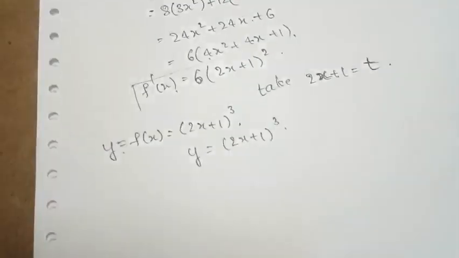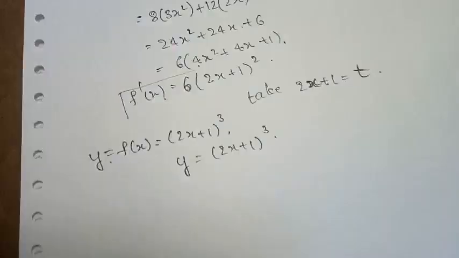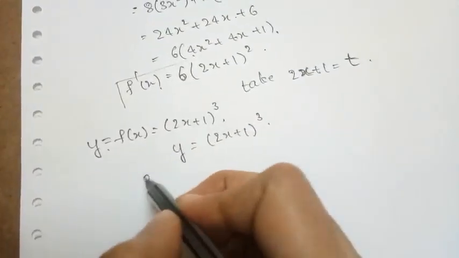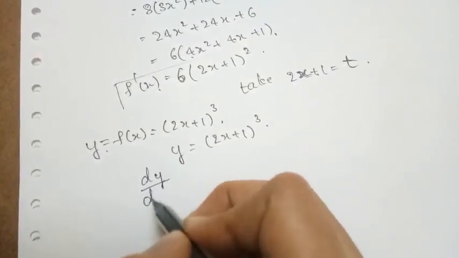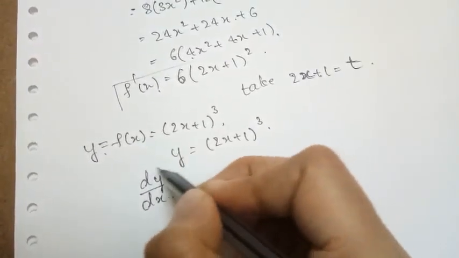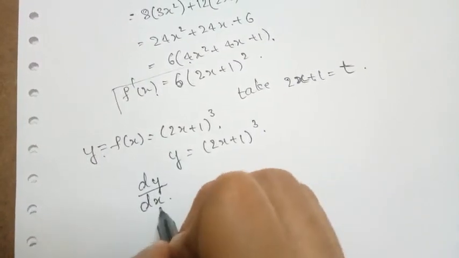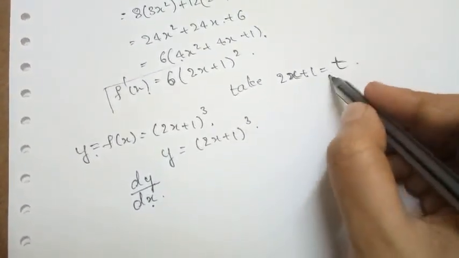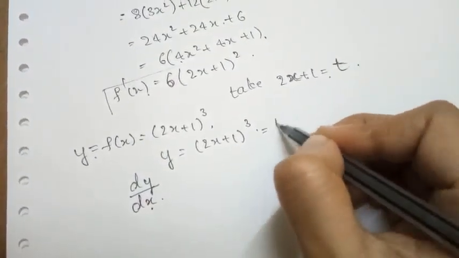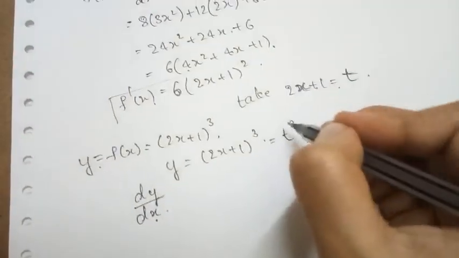Understand it carefully, guys. We need to find the derivative, that is dy by dx, the derivative of the function y with respect to x. Since I have considered 2x plus 1 as t, y becomes t cube.